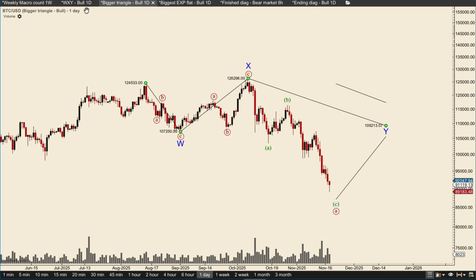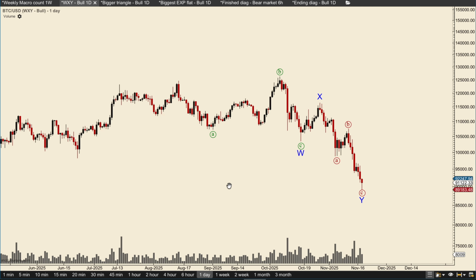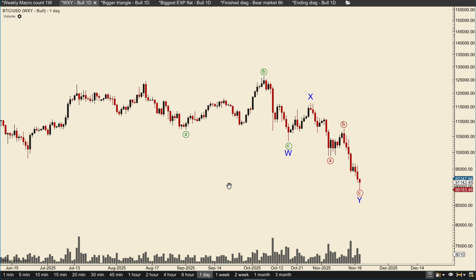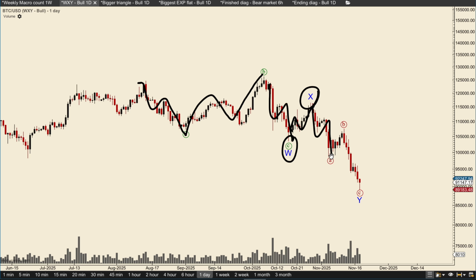And the last bullish scenario is a WXY. So here we are counting this as a wave A, wave B, and now we are looking for a wave W, X, and now A, B, C to finish a wave Y.